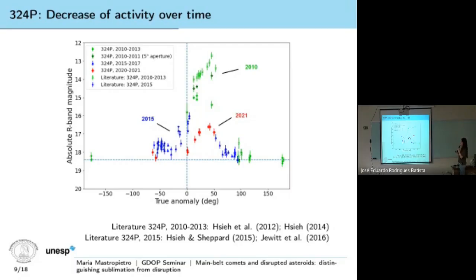And then we see that around a true anomaly of 120 degrees the activity stabilizes around a constant value, in this case for 324P, 18.4 magnitude. And this is when the activity has ceased and the object is inactive.